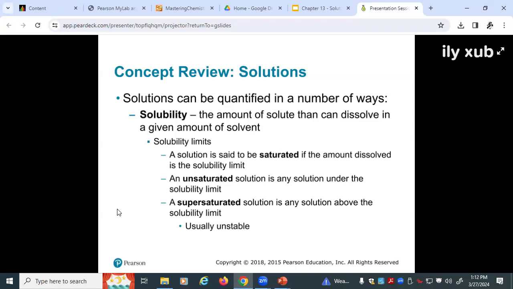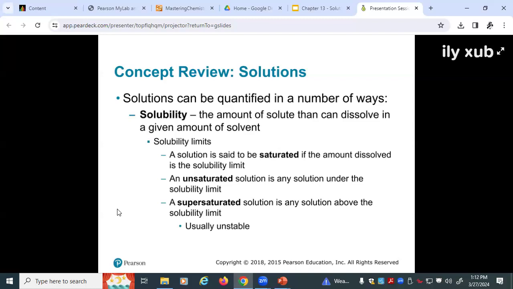Or probably what you saw, I wasn't there in lab with you, but taking just a small crystal of that solid or even a piece of dust and dropping it into the solution is enough to cause that solid to crash out of the solution, and you end up getting a whole big mess of solid separated from the rest of the solution. So those are all related to solubility limit concepts.